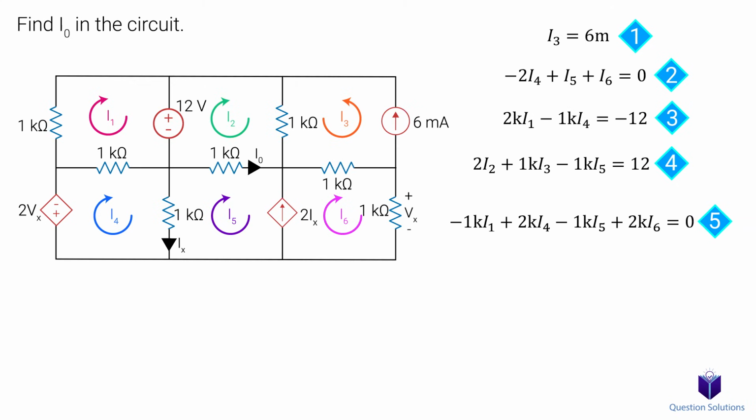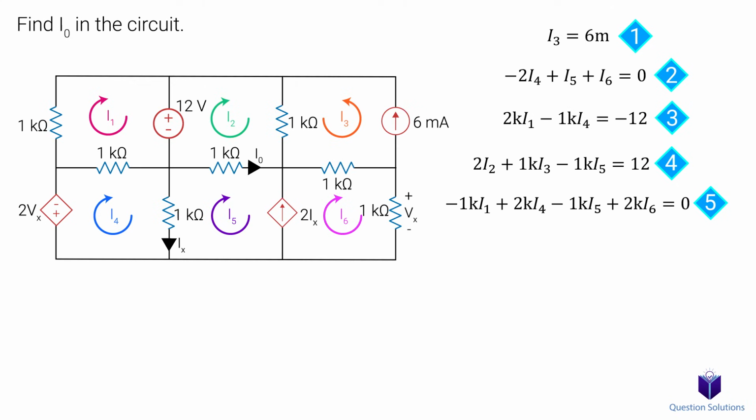We need one more equation, and we haven't written one for mesh currents 5 or 6. We can't write one for them because of the dependent current source in the middle. So we need to include both mesh currents and write a KVL, and a suitable loop would be this one. We are ignoring the current source in the middle and just writing an equation for the outer loop.